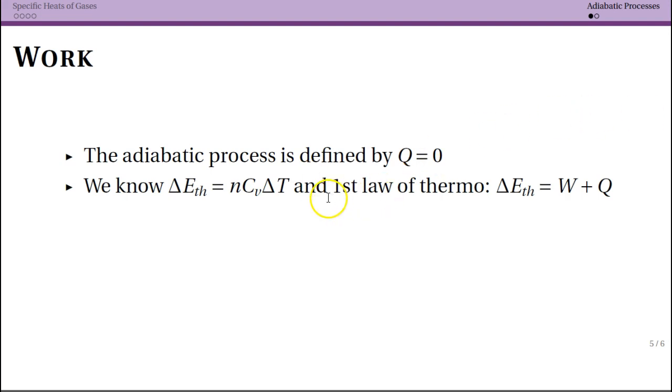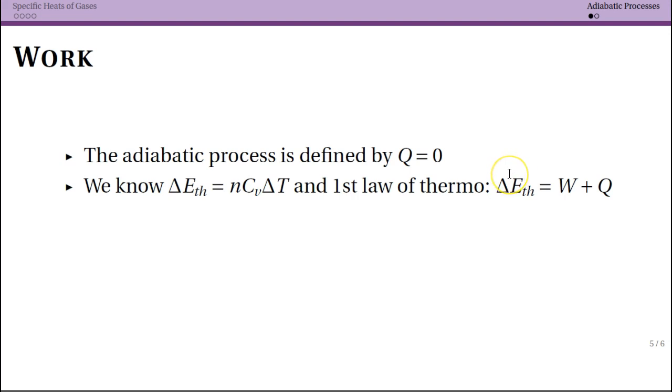Now, we know two things from both the first law of thermodynamics and the specific heat of gases. We know how the change in thermal energy relates to a change in temperature. And again, the molar specific heat to use here is the constant volume one. And from the first law of thermodynamics, we know that the change in thermal energy is going to equal the work plus the heat.